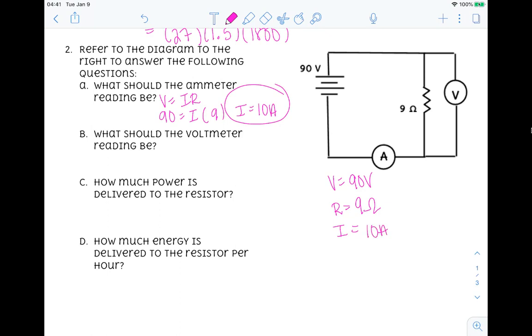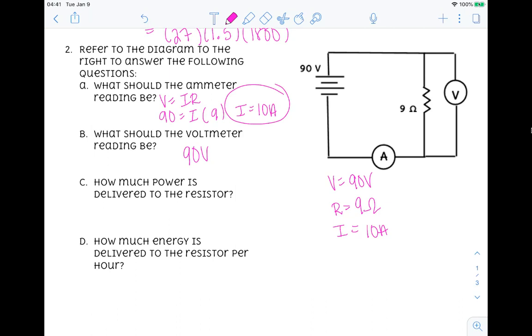What should the voltmeter reading be for letter B? Well, again, the voltmeter is placed on the outside of my circuit. That's also important, making sure it's on the outside of your resistor. It's going to measure the total voltage, or the total potential difference, which in this case is 90 volts. How much power is delivered to your resistor?